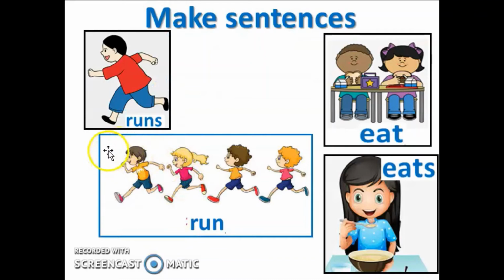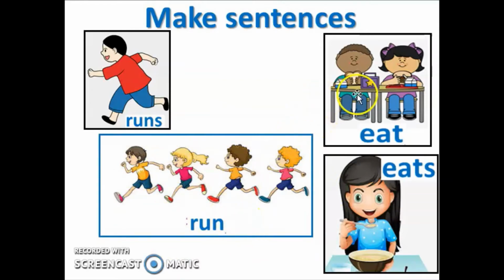Let's try making sentences with the simple present tense and let's use just the two verbs run and eat. If I make a sentence with this picture right up here, I can say he runs. In the second picture over here, I say they run.